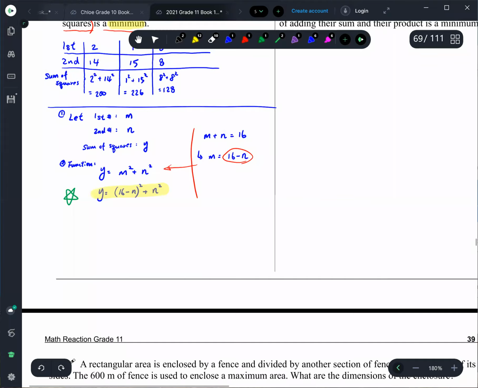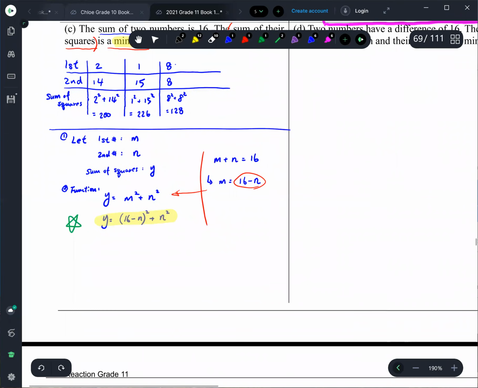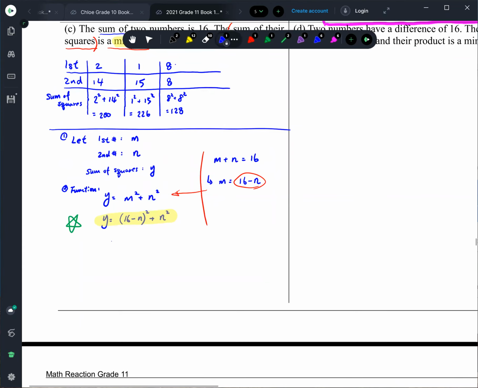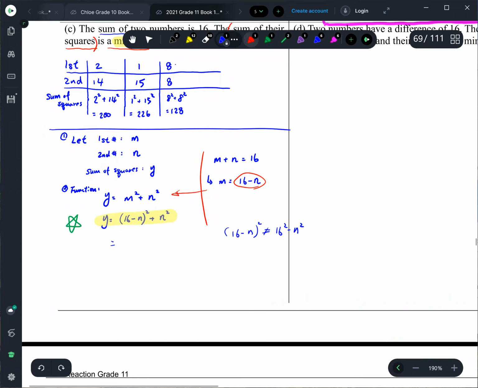Okay, please change this into general form and then the standard form. Be careful when you try to square the brackets, okay? The 16 minus n bracket square is not 16 square minus n square, okay? Please remember that.